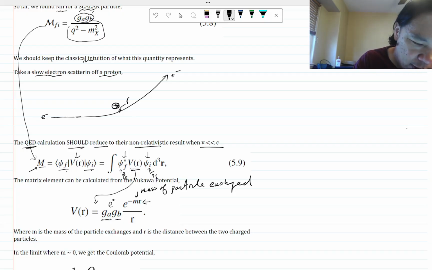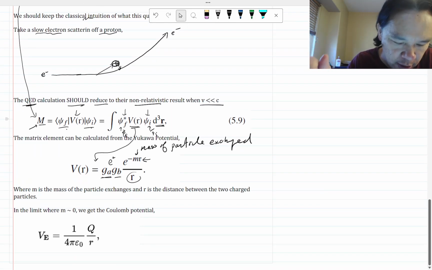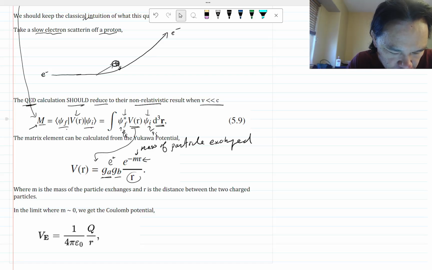Actually, it's not the closest approach, because this potential changes with r, so you actually have to integrate this. I think it comes out to be kind of like the average. So it's not the closest approach, because you're integrating over all spacetime, so you get the average distance between the electron and the proton.